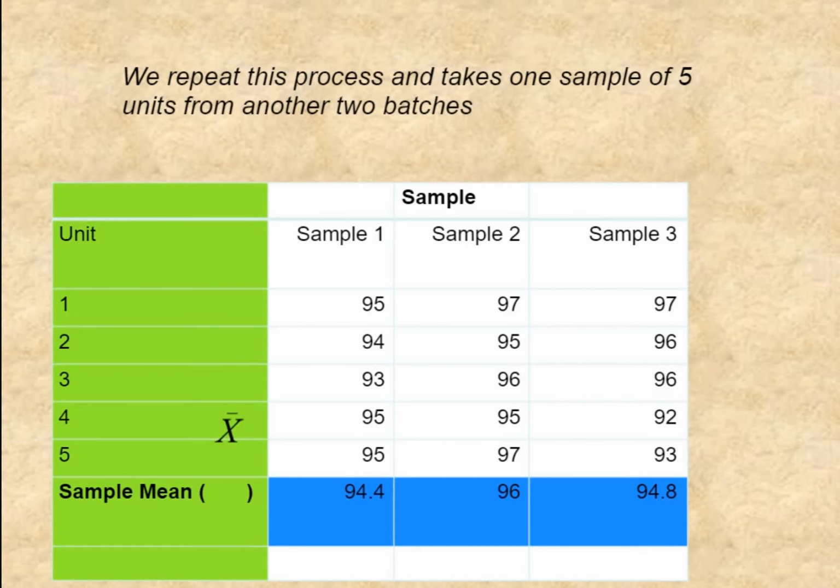The sample mean is basically the average of the sample. For example, in sample 1, the average of 95, 94, 93, 95, 95 is 94.4. In sample 2, the average of these five measures is 96. Sample 3, the average is 94.8.